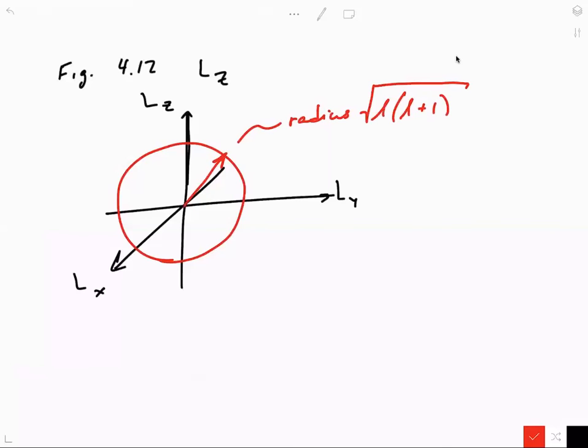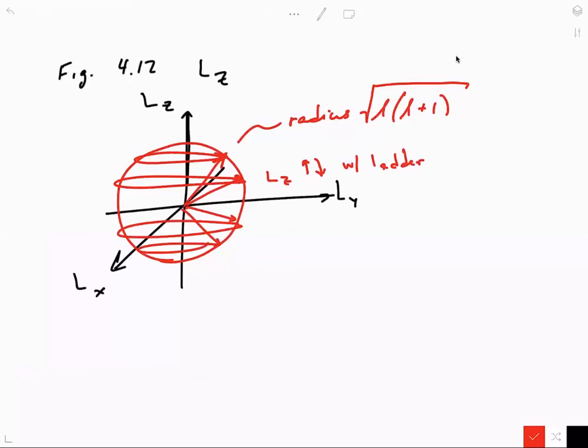And then there are certain allowed values as you step up and down with this operator, inscribed like cones, these cones of uncertainty at the different levels that our L_z goes up or down with that ladder operator.